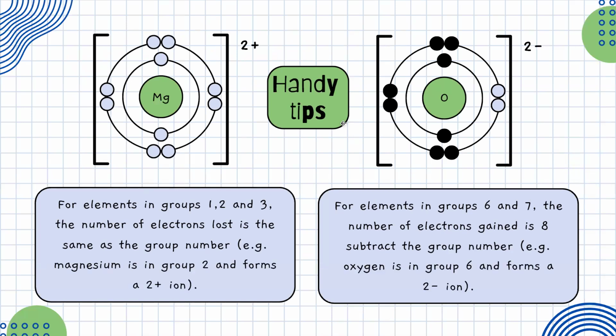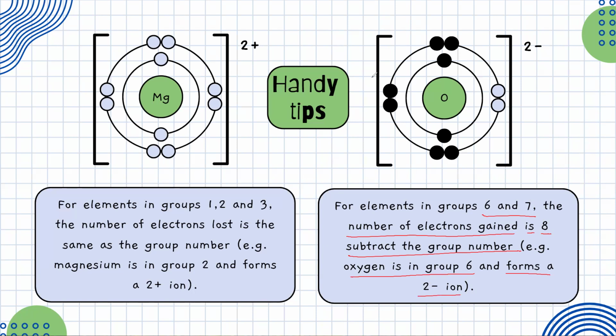Now, for elements that are in group 6 and group 7, the number of electrons gained is 8 minus the group number. For example, oxygen is in group 6 and it forms a 2 minus ion. Here is what we mean.